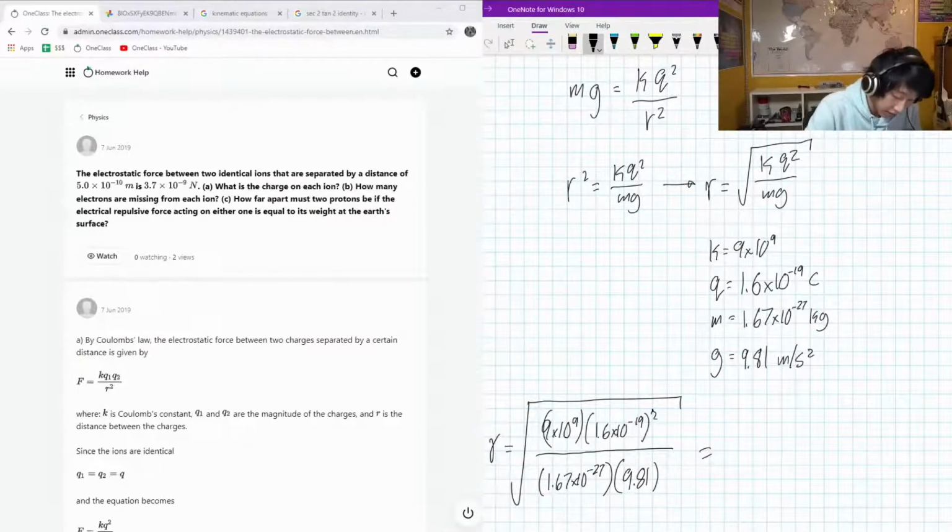And my calculation for R is 0.118 meters.